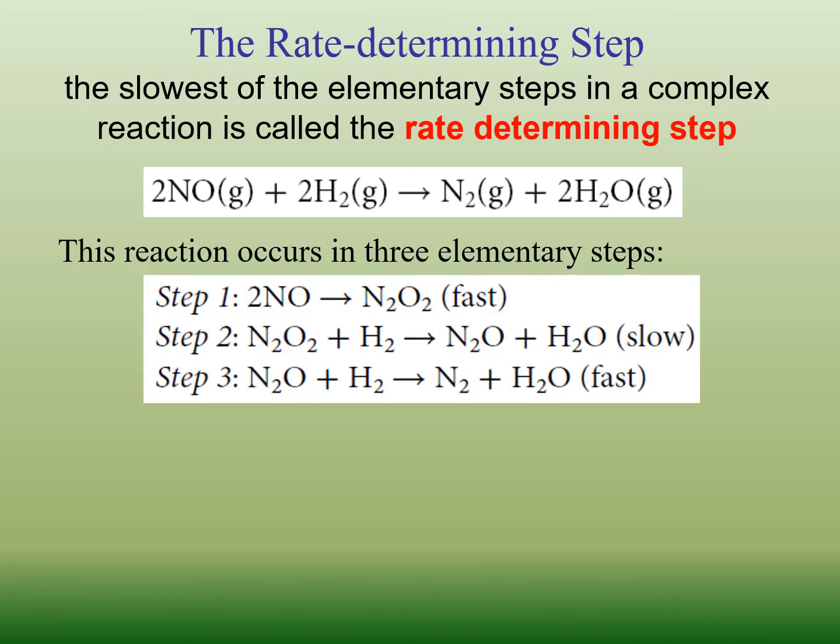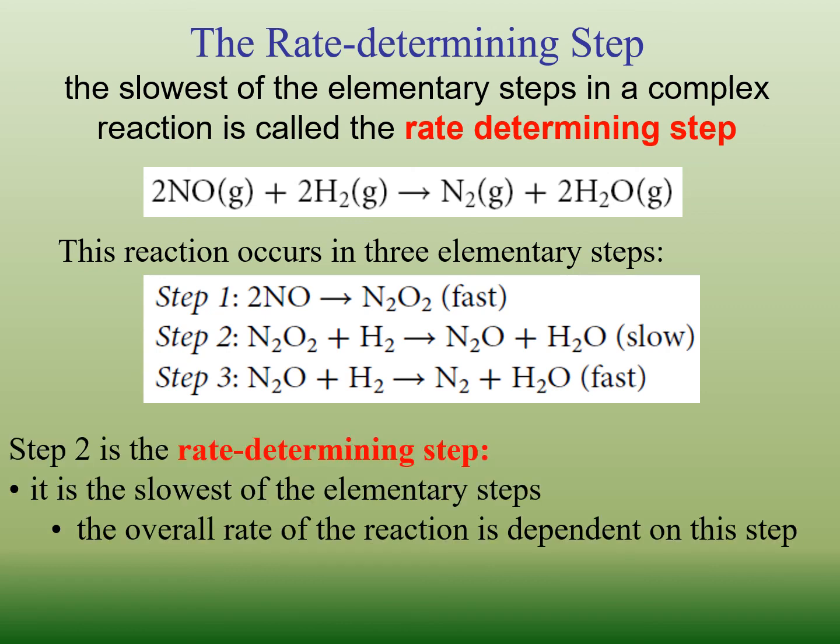This overall reaction occurs in 3 elementary steps. First, 2 moles of nitrogen monoxide react to form dinitrogen dioxide quickly. Second, that dinitrogen dioxide reacts slowly with hydrogen to produce dinitrogen monoxide and water. Third, the dinitrogen monoxide produced in step 2 reacts quickly with hydrogen to produce nitrogen and water.